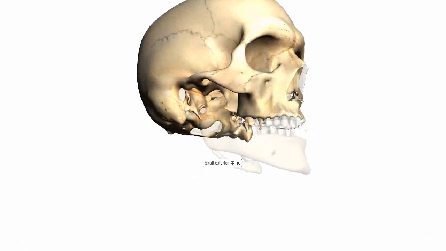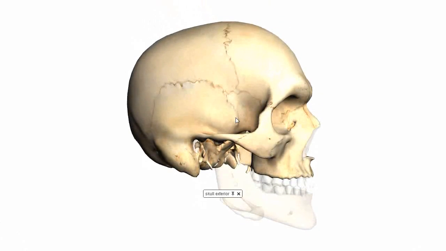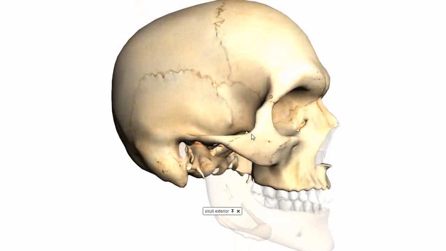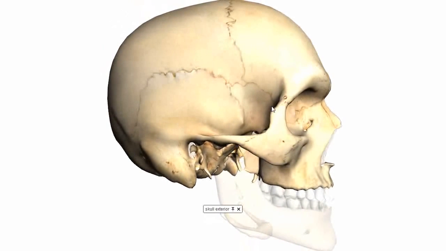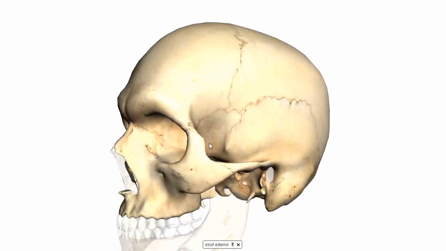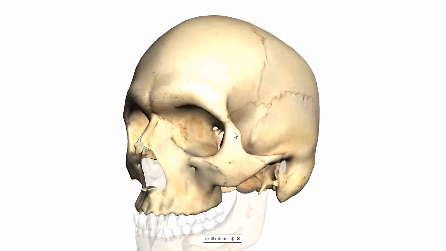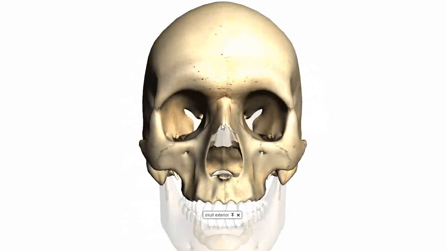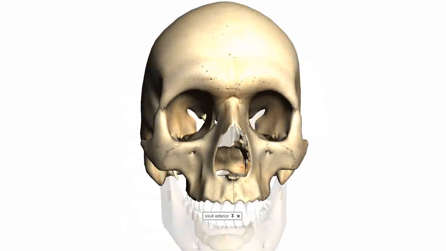The next bone I'm going to talk about is the sphenoid, and this bone confused me quite a bit when I was learning about it. So from this lateral view of the skull, you can see the greater wing here, and you can see the greater wing on either side, but you've only got one sphenoid bone. The sphenoid connects in the middle via the body, which you can't see here.